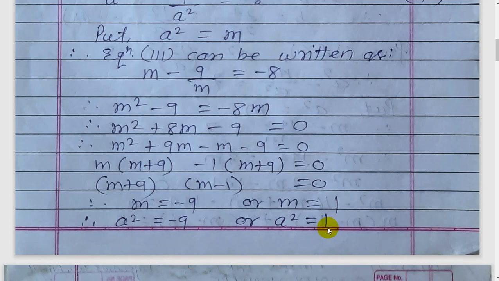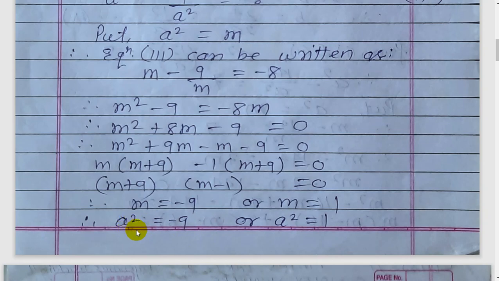So you know very well a belongs to R. Therefore, a square must be real. But here a square is minus 9. So it is not a real number because if we take square root on both sides, we get a equal to under root minus 9, and under root minus 9 is not a real number.